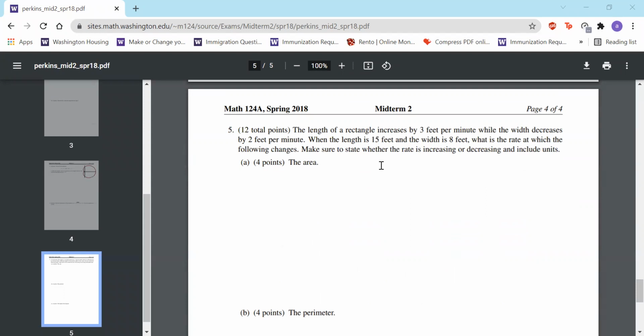The length of the rectangle increases by 3 feet per minute, while the width decreases by 2 feet per minute. So it becomes longer and longer while it is shorter and shorter.